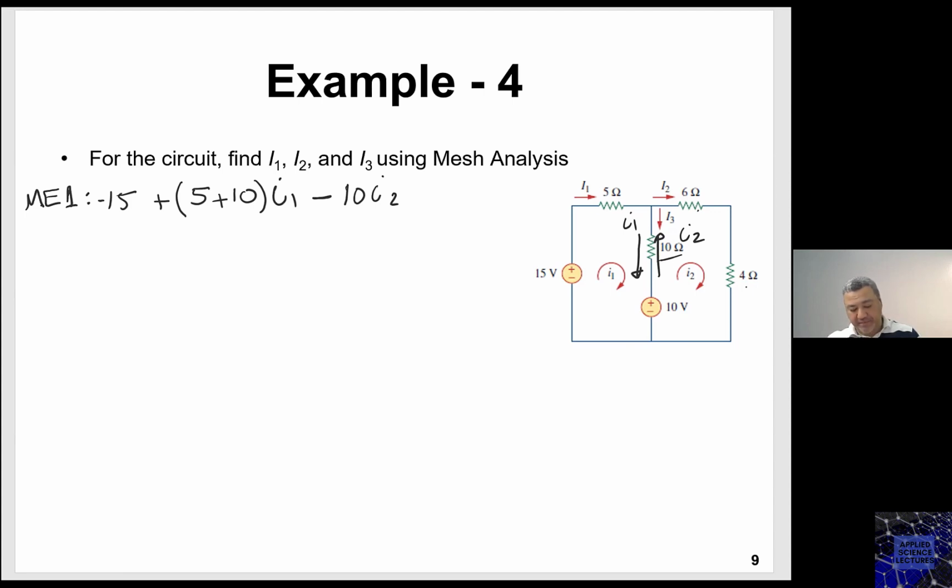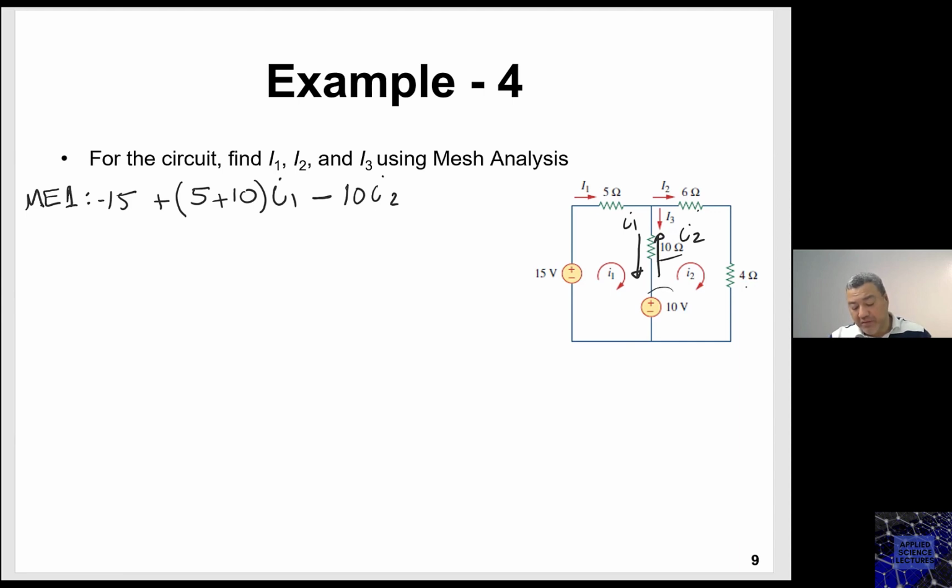Would you be missing I3 as well? No, no. Those capital I's are completely different. They're not mesh currents. So don't mix them with my mesh current variables, the capital I's that you're seeing.